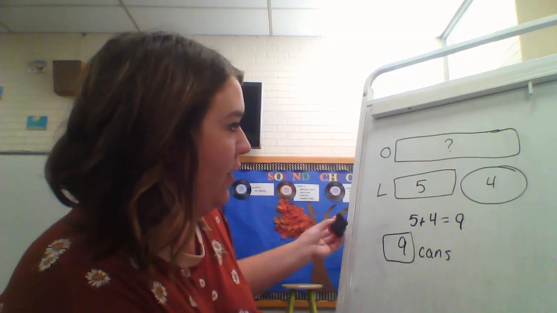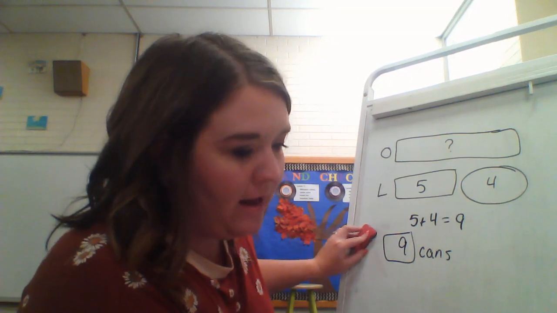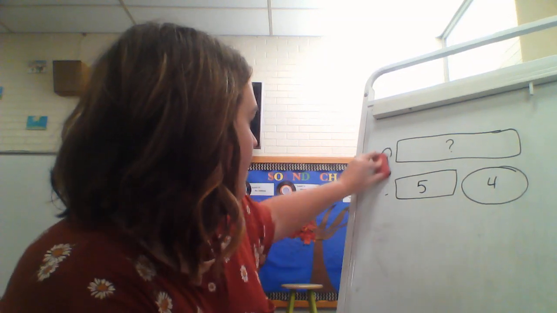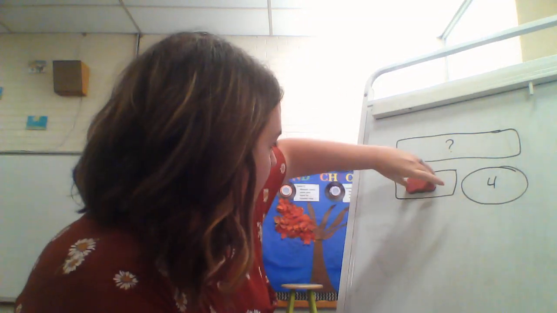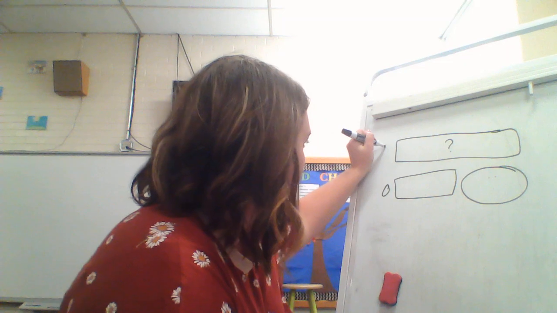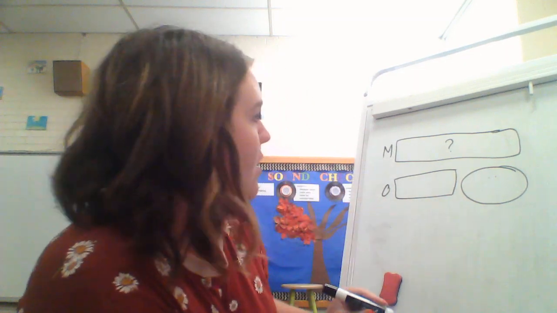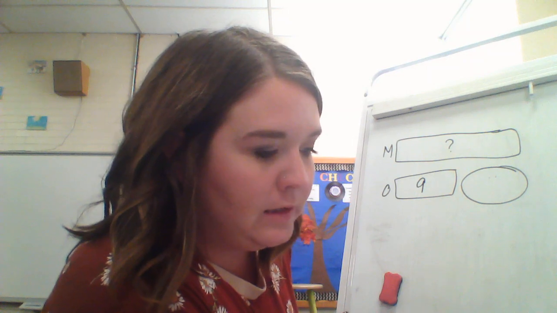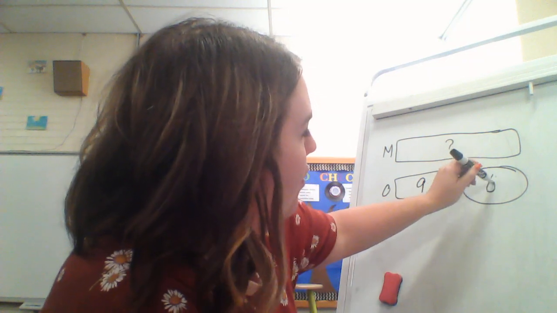Now I just need to figure out how many Matt brings. We know that Olivia brings 9. So this is going to switch up because now we have Olivia and Matt, because Matt brings more than Olivia. Olivia brings 9 and Matt brings 6 more than Olivia.